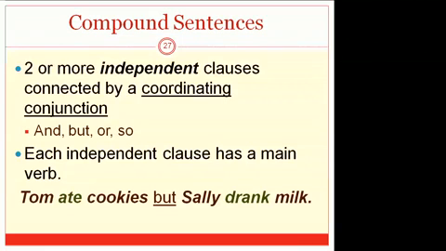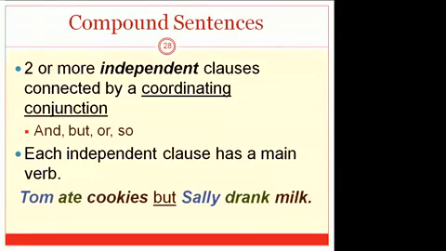For example, Tom ate cookies has the main verb ate. Sally drank milk has the main verb drank. They each have separate subjects. Tom ate, Sally drank. These independent clauses could stand by themselves. We could say, Tom ate cookies, period. Sally drank milk, period.